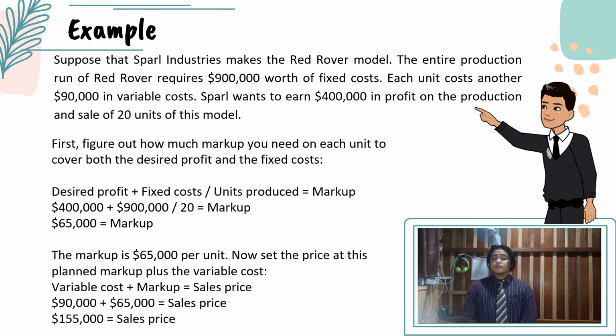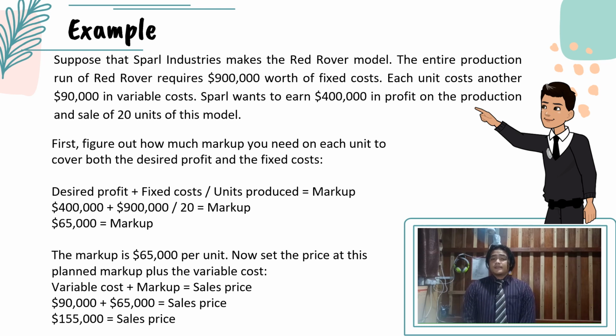So to get the markup, it is the desired profit plus the fixed cost divided by the units produced, which is 20 units, and we will get the markup price of 65,000. So now we have got the markup price, which is 65,000.